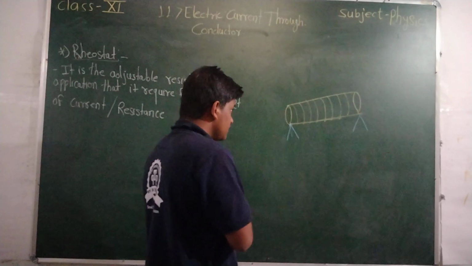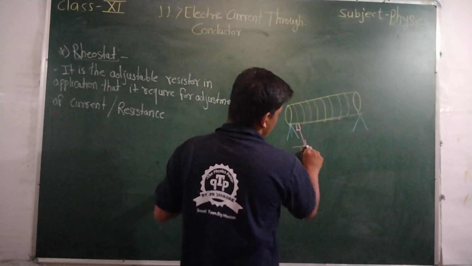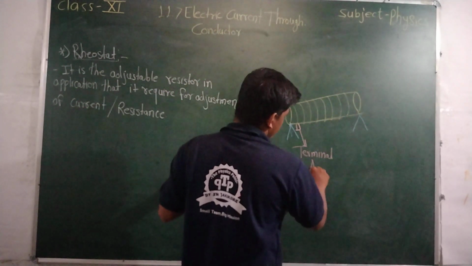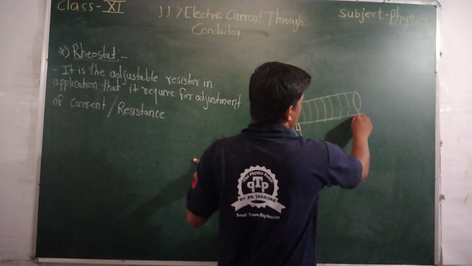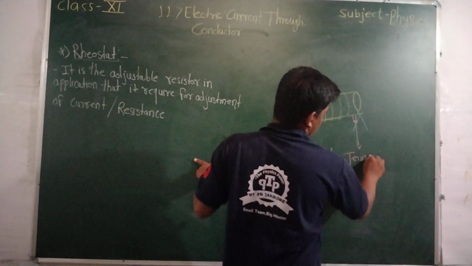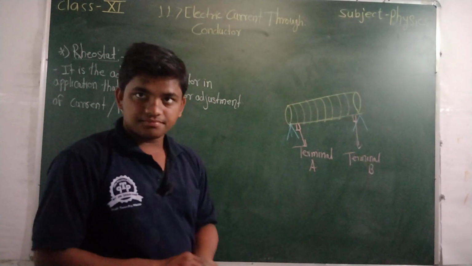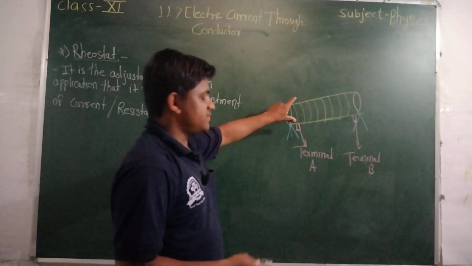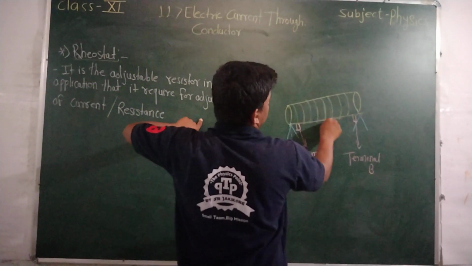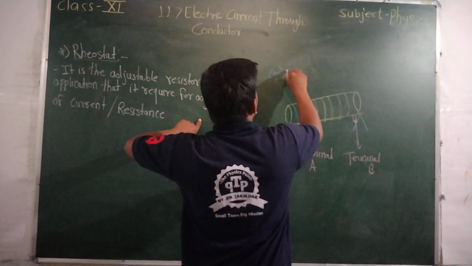It mainly has three terminals. The first is terminal A, and the other is terminal B, and this is the coil of wires.